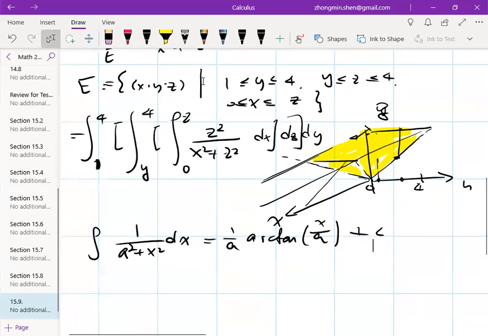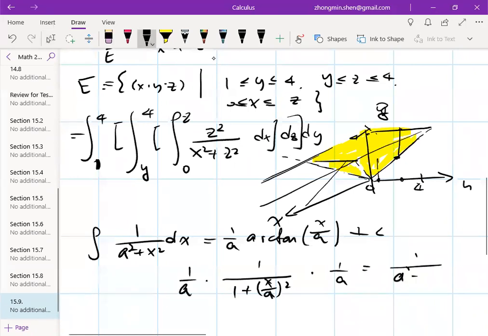How do you double check it? You differentiate. Then you differentiate inside to get 1 over a. After you simplify, a squared is cancelled out. It's just a squared plus x squared. So that is indeed the integral.